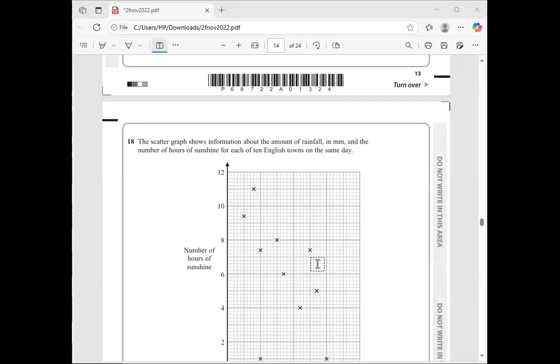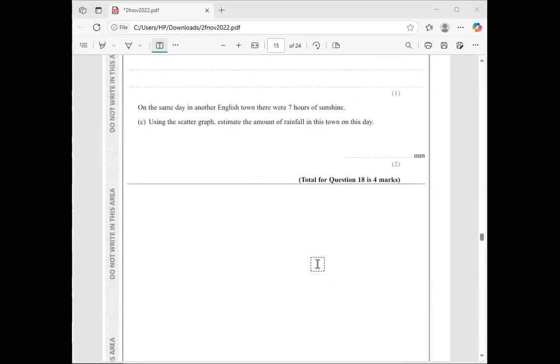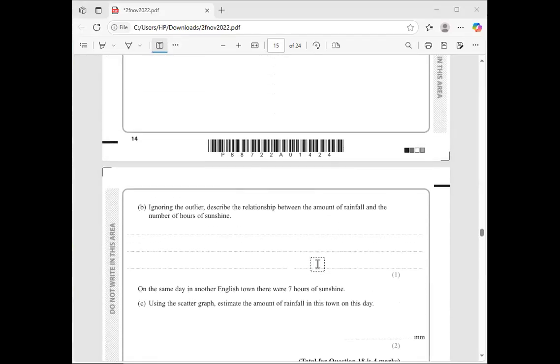Okay, so it says that the scatter graph shows information about the amount of rainfall in millimeters and the number of hours of sunshine for each of 10 English towns on the same day. So what does it say?